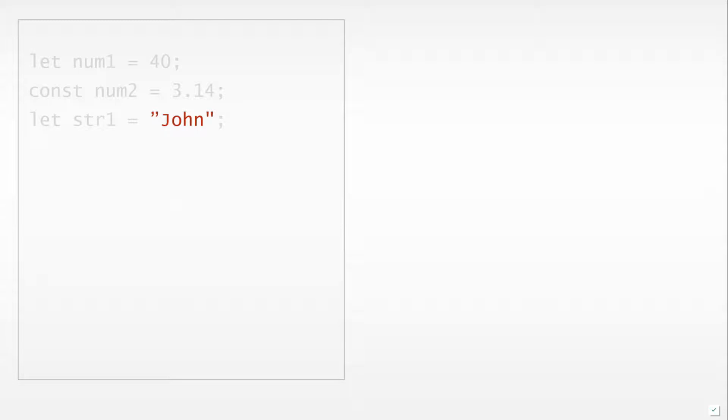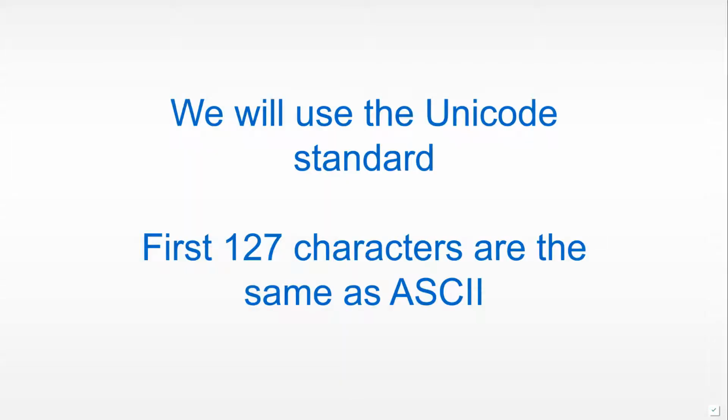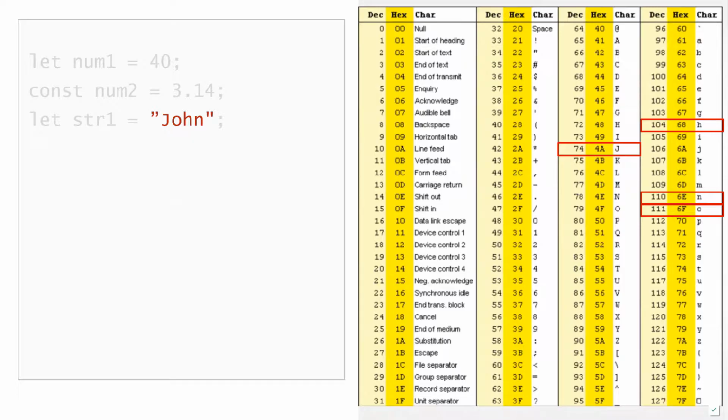Imagine that we have our old string, John, and we will then use the Unicode standard to see how we can represent the 4 characters in John and convert them into specific numbers which we can then use. Now on the right hand side we see what is named as the ASCII standard.